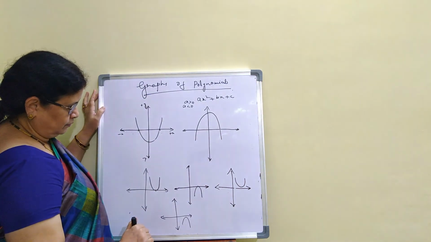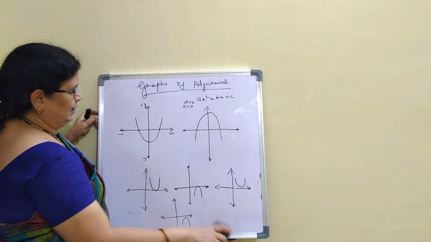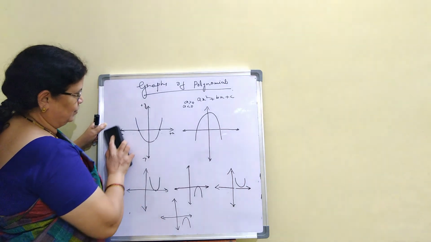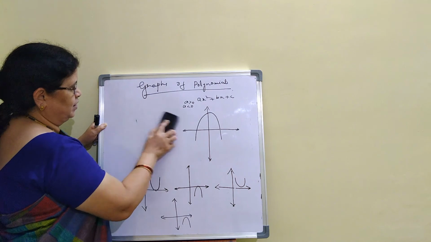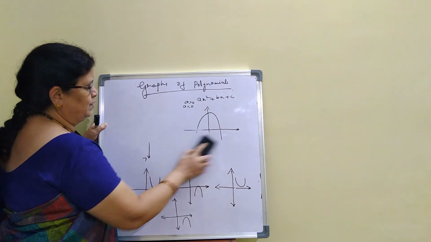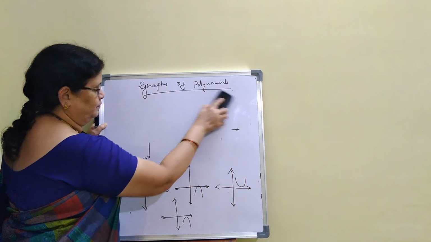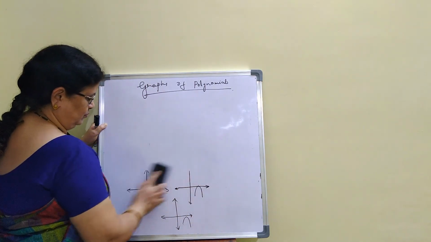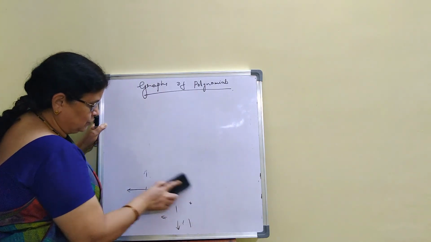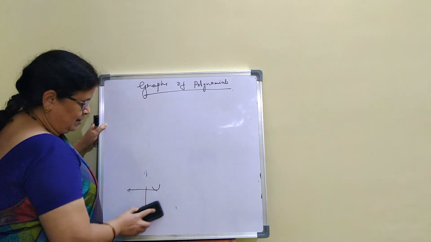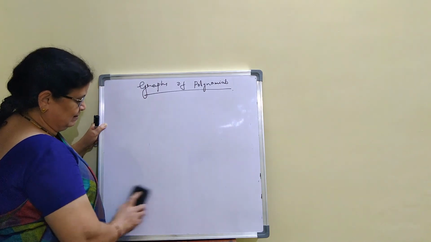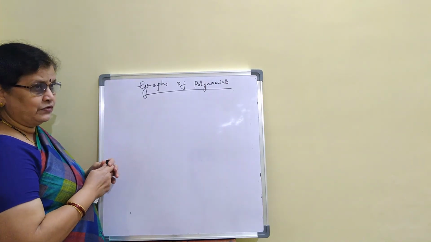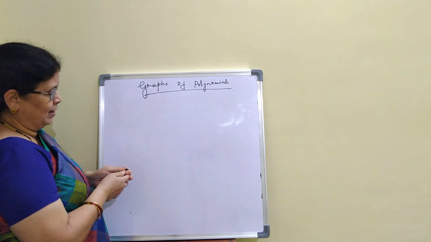Now let us see what happens if I draw a graph for a cubic polynomial. One more thing to remember here: if it is a linear polynomial, we get at most one solution for x.